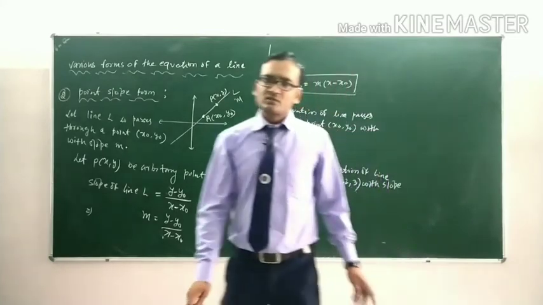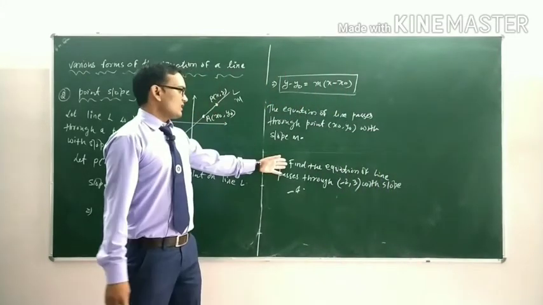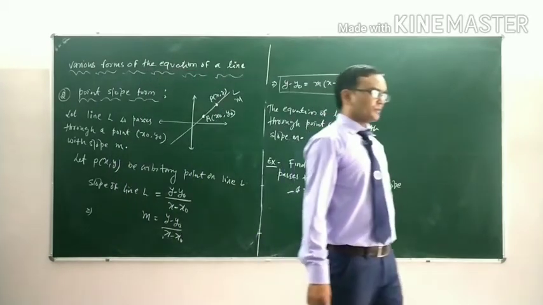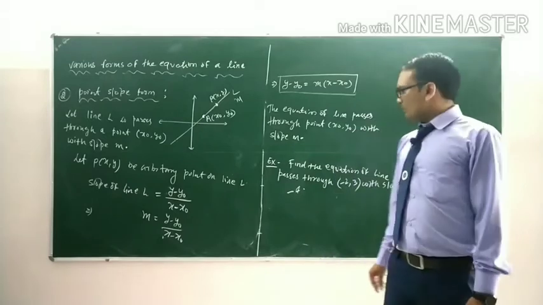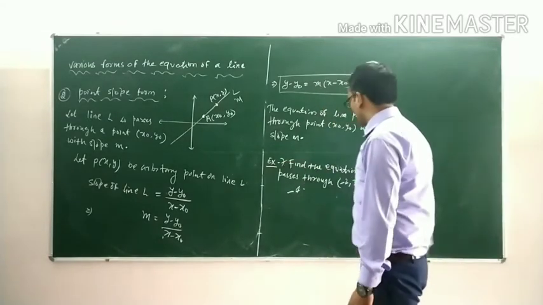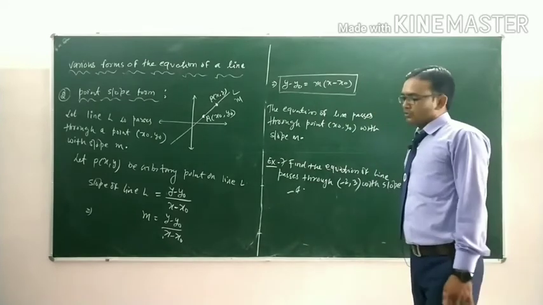Okay students, find the equation of the line passing through point minus 2, 3 with slope minus 4.